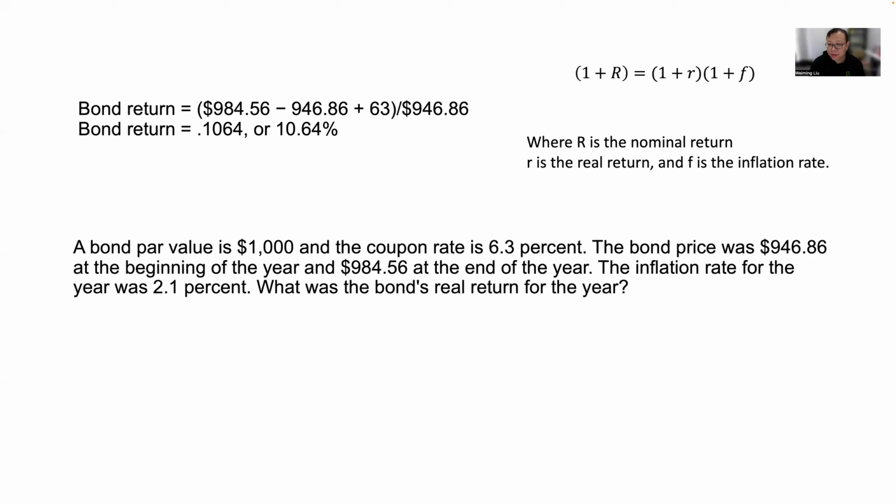The capitalized R is your nominal return. In this question, we calculated the nominal return to be 10.64%, and the inflation rate f is provided: 2.1%. Using this equation, we are able to calculate the real return r, which is 8.36%.